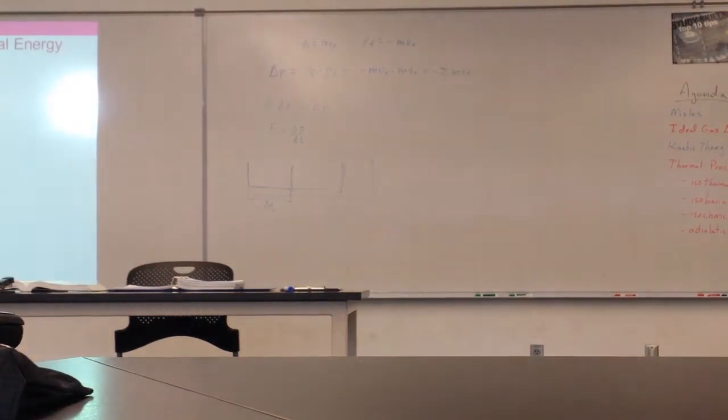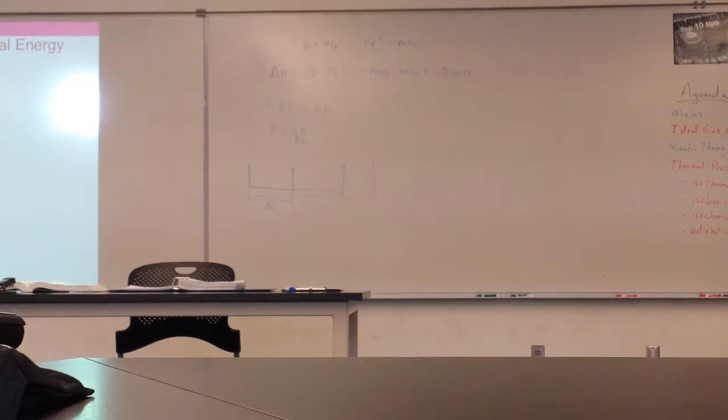Well, the ball has an x component of velocity, vx. How long does it take for the ball to get back to the wall? Well, we could figure that out since we know its vx component if we figured out how far the ball has to travel to get back to this wall. How far does the ball have to travel? 2L.